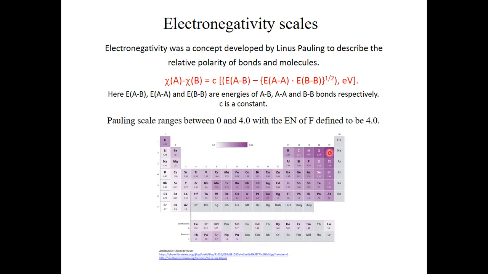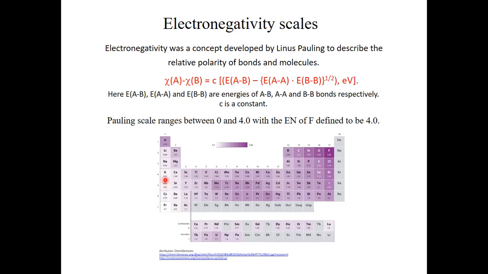Again, as we start a new period, we see a sharp drop in electronegativity, whereby we cannot account for the noble gases here. So basically, we go from fluorine to sodium, and we see a big drop. As we go from chlorine to potassium, again we see a big drop, and from bromine to rubidium, we also see a big drop.